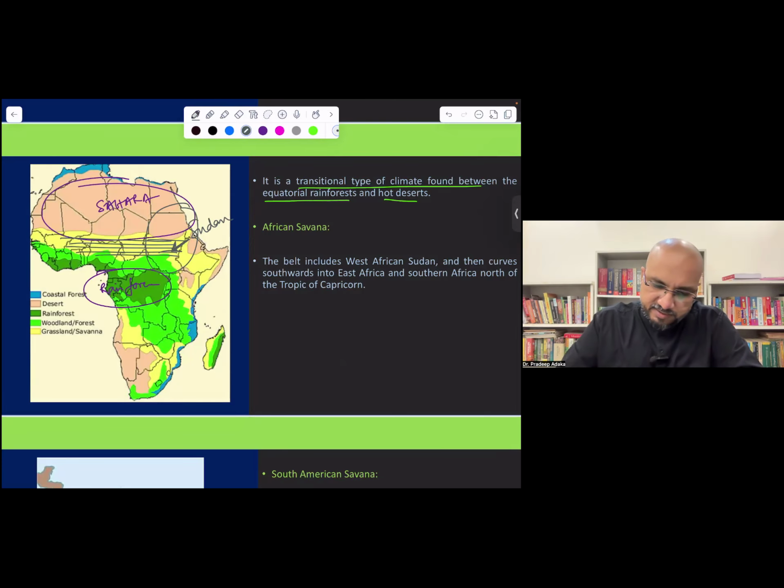So the African savanna belt includes West African Sudan and then curves southwards towards East Africa and South Africa, north of Tropic of Capricorn. So you see it will bend, and the Tropic of Capricorn goes from somewhere here, just touching South Africa.